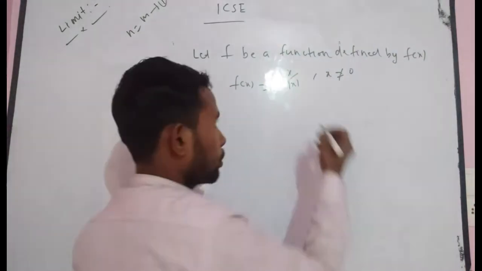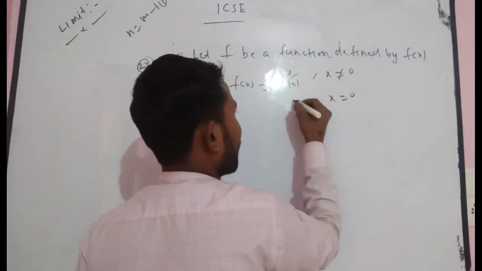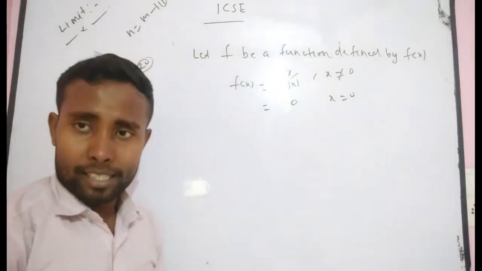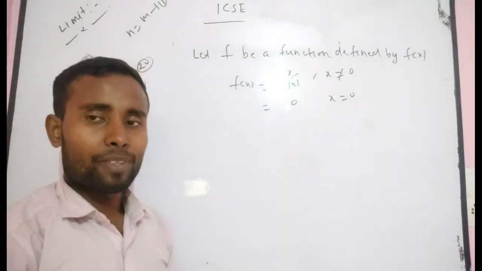But if x is equal to 0, then you have to choose f(x) equal to 0. This is the way by which the function is defined.